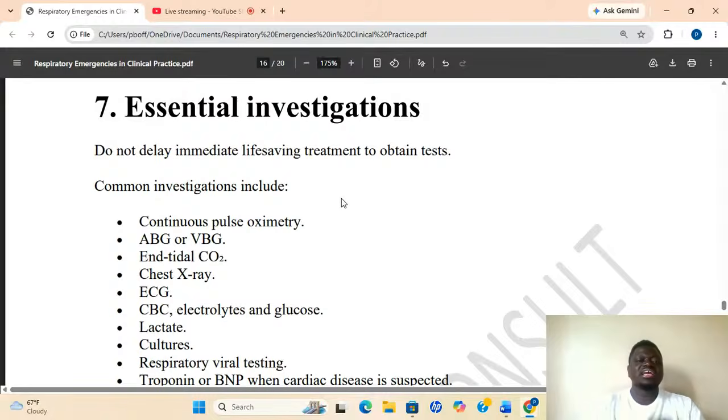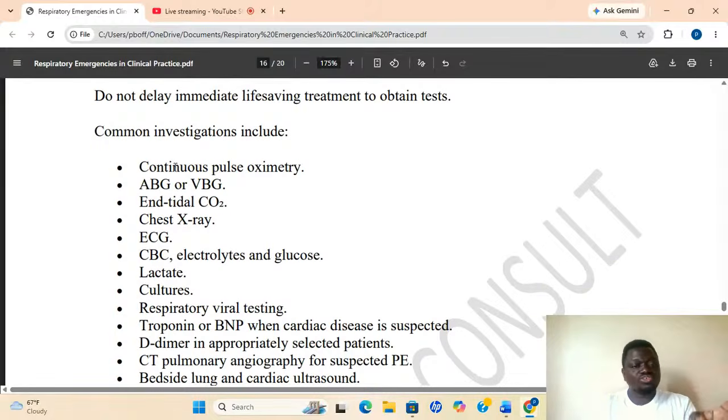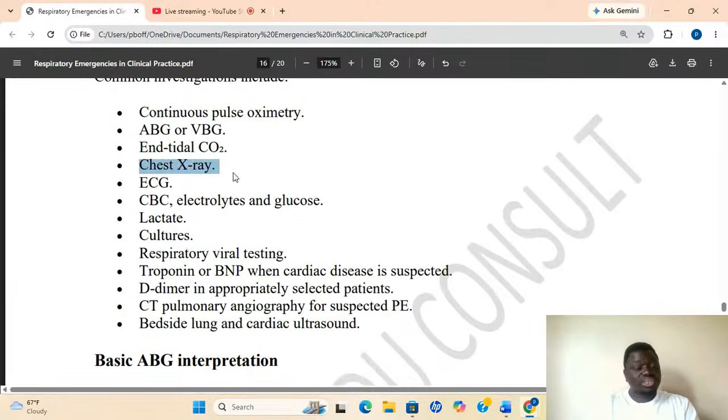Essential investigations you should do: your pulse oximeter, your blood gases, end-tidal CO2 if the patient is intubated or using airway devices, your chest x-ray, your EKGs, 12-lead EKG, and continuous heart monitoring.